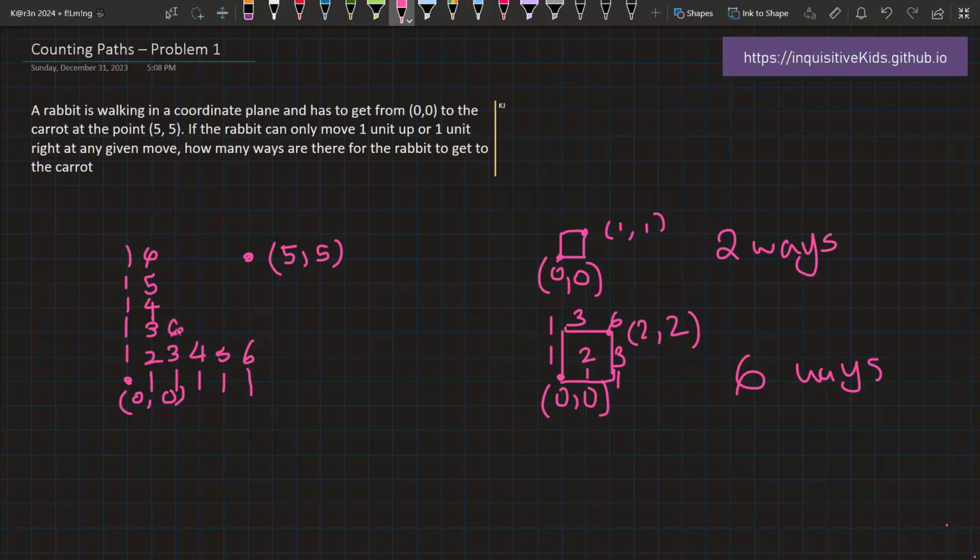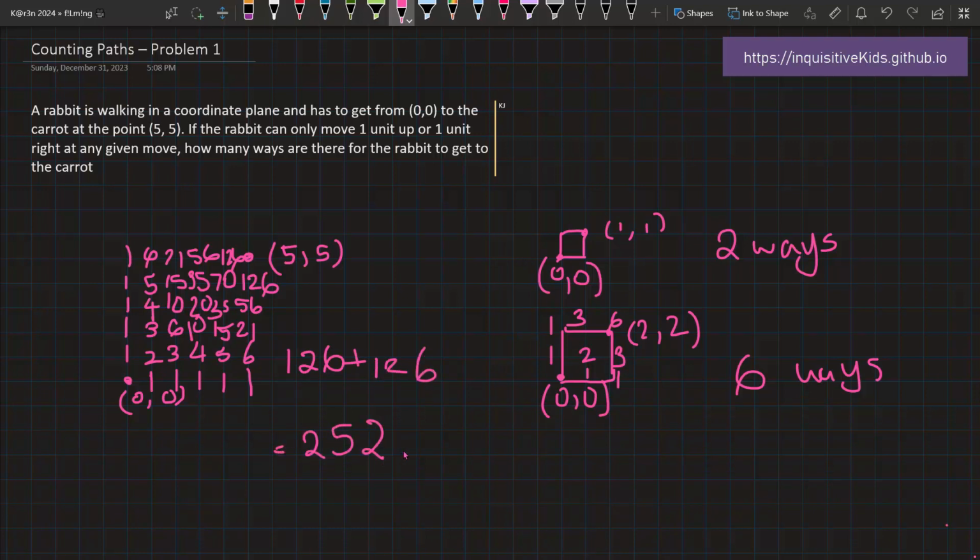So 6, 10, 15, 21, 6, 10, 15, 21. We keep adding. 70. And now right here, we're going to add 70 and 56, which is 126. And here we have 126 as well. So we're going to add 126 to 126, which gives us 252.